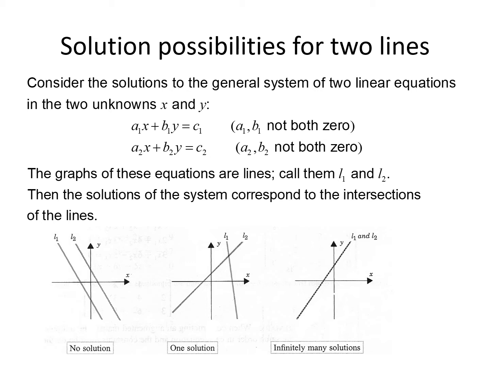So there are three types of solutions in a system of equations. The first type is called a unique solution. The second type is called infinitely many solutions. And the third type is called no solution.